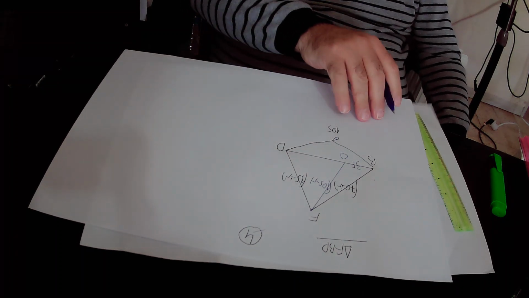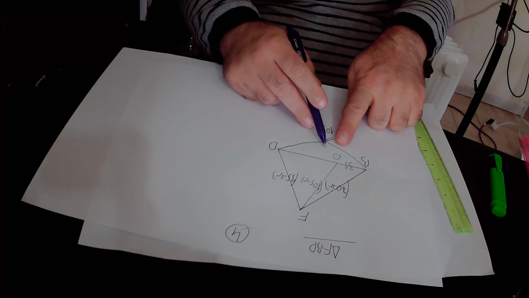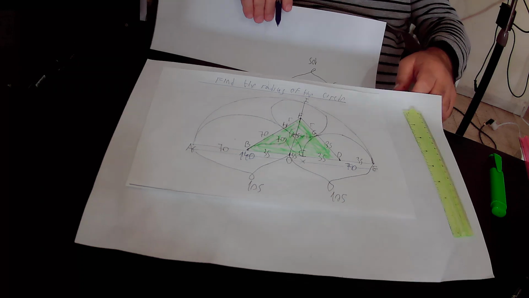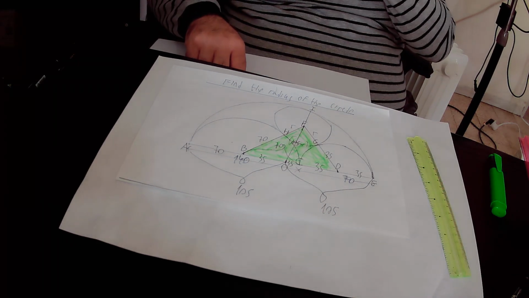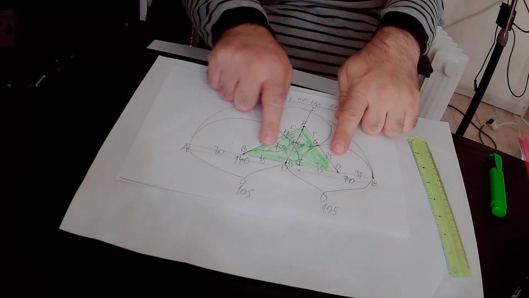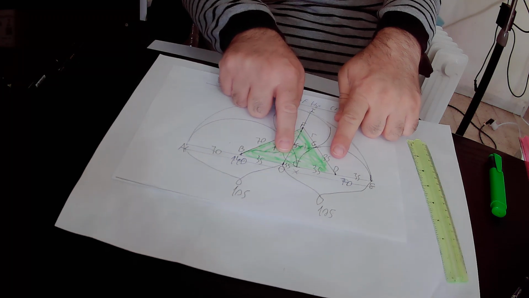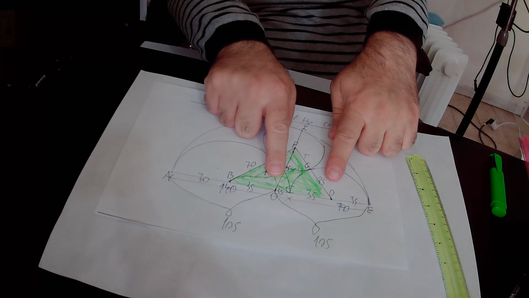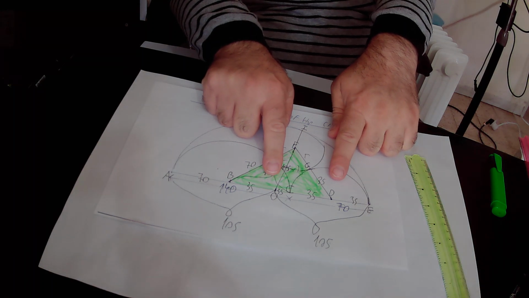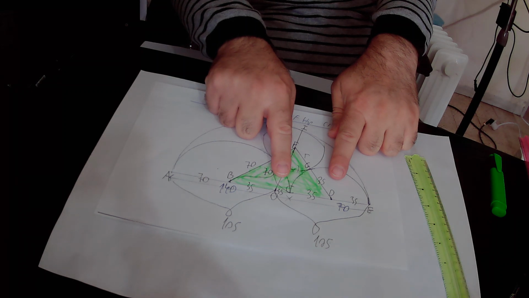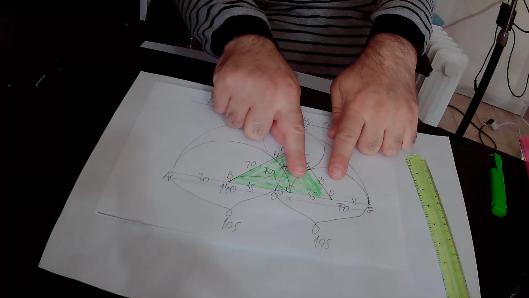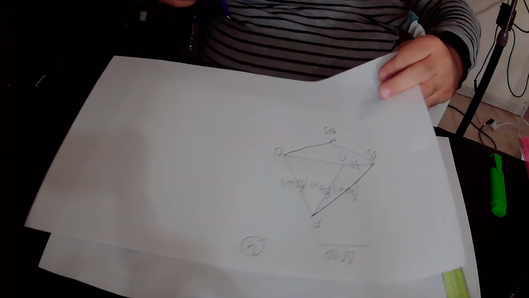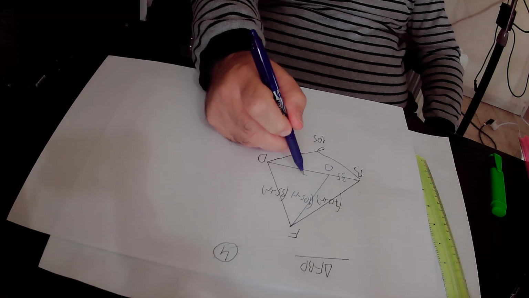And finally, what is the length of line segment OD? From the drawing, it is very easy to see that OD equals 35 plus 35 units. OD equals OC, that is 35, plus CD, that is also 35. So 35 plus 35 is 70. OD equals 70 units in its length.